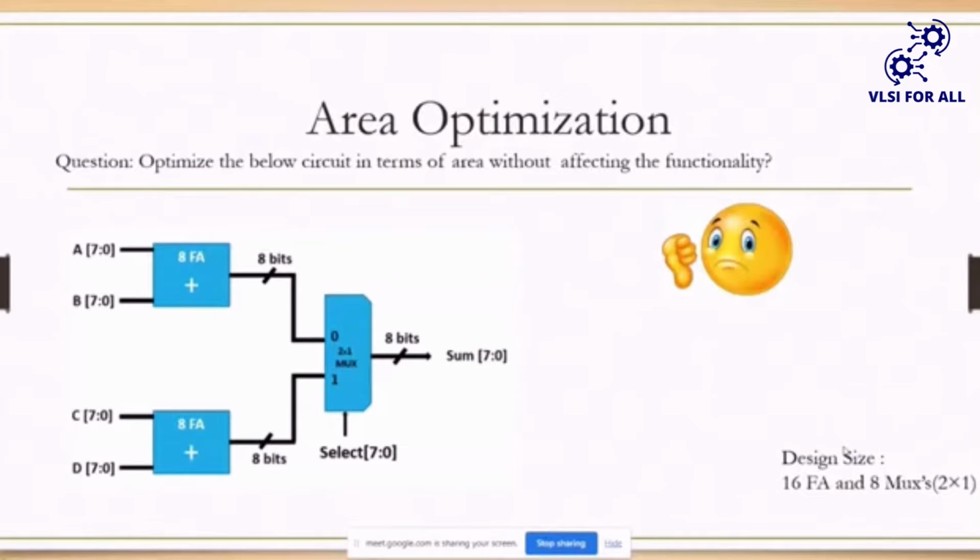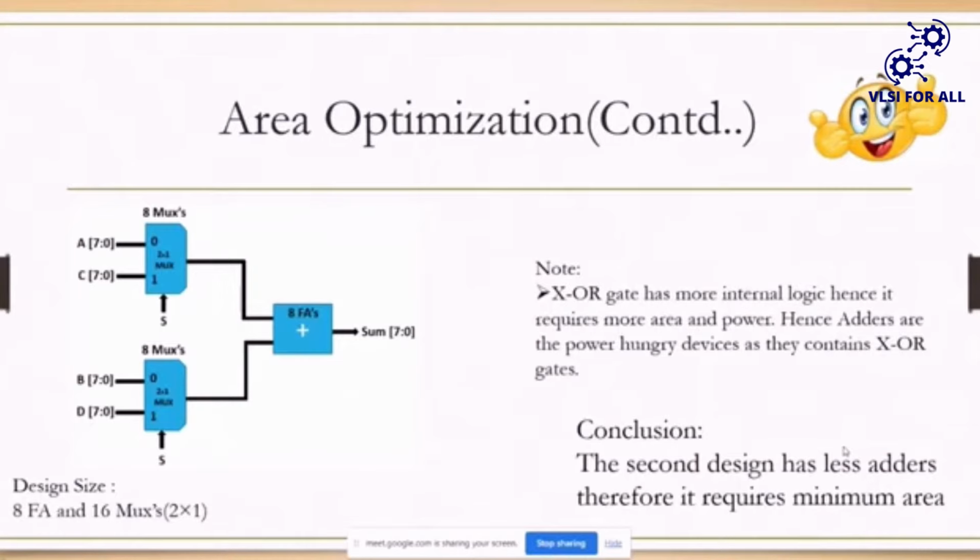The tool is here to make him happy. How can the tool do it? Here, the tool can do it in such a way that the later design may require less number of full adders with the same functionality. Remember team, at the end, the functionality should not change. You can change whatever you want, but you don't have the right to change the functionality.